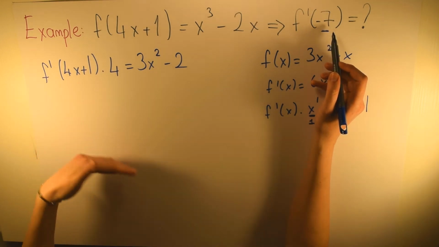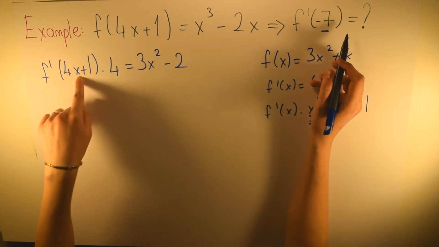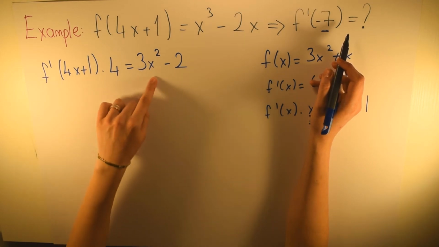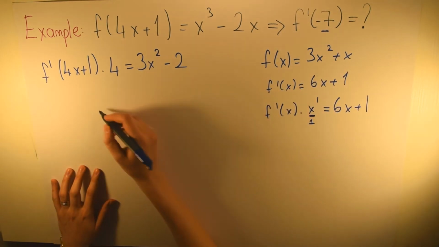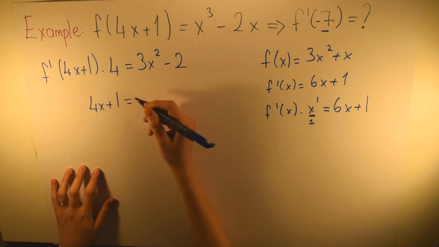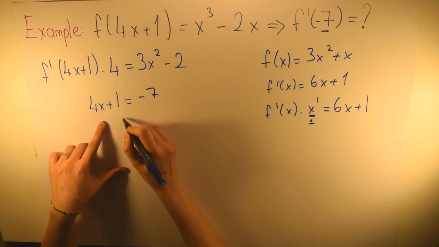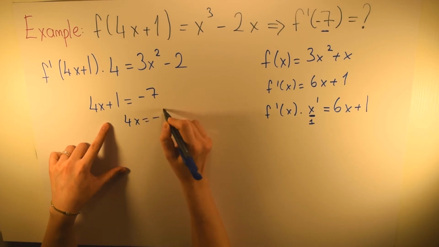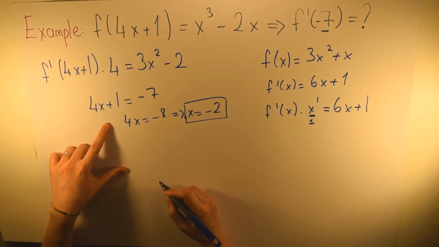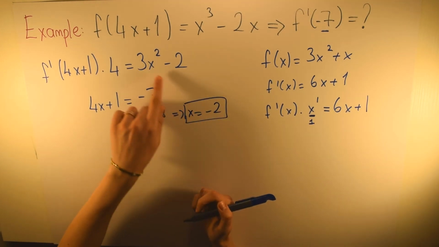And then after that, we will find the value of x, and then we will put that value here in this part of the equation. Okay, so let's do that. So 4x plus 1 is equal to minus 7. So here 4x is equal to minus 8. X is equal to minus 2. So now I can put this value instead of x.